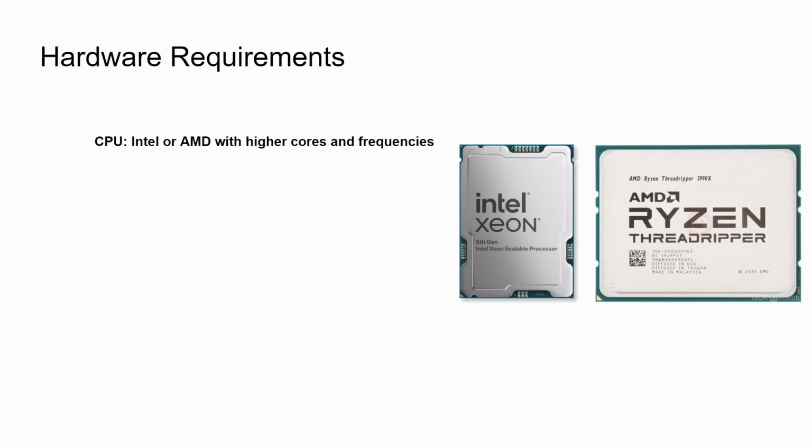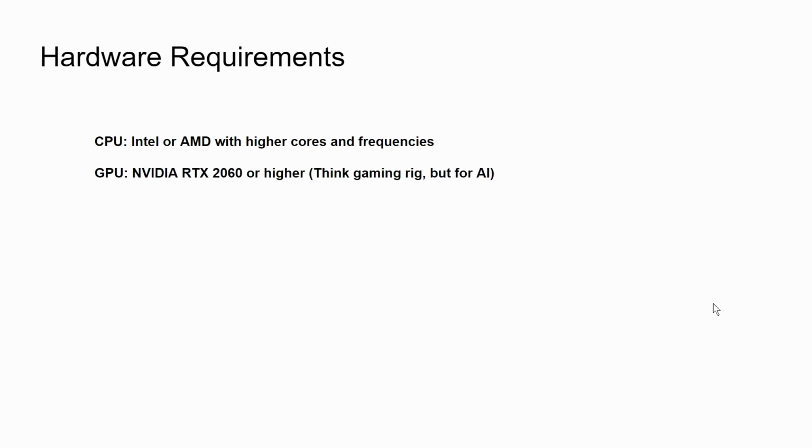These processors are designed to handle the enormous calculations needed to run AI models. But the real magic happens in the GPU. When it comes to the GPU, the more powerful the better. LLMs love GPUs because they can handle massive parallel computations which are crucial for processing billions of parameters in these models. For basic setups, an NVIDIA RTX 2060 is a solid starting point.